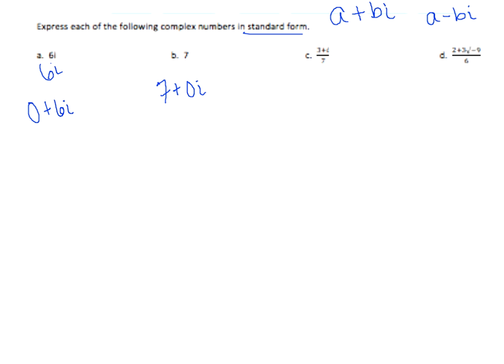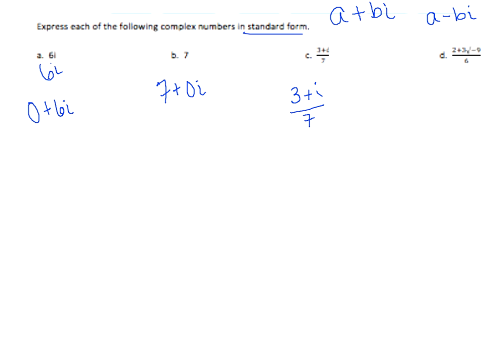Now, C, this is where it starts getting tricky. And goodness, it'd be nice if I could tell what that said. I think this says 3 plus i over 7. This is where students get super frustrated when they're trying to put it into MyMathLab, so pay attention here. It has to split up into real and imaginary terms.